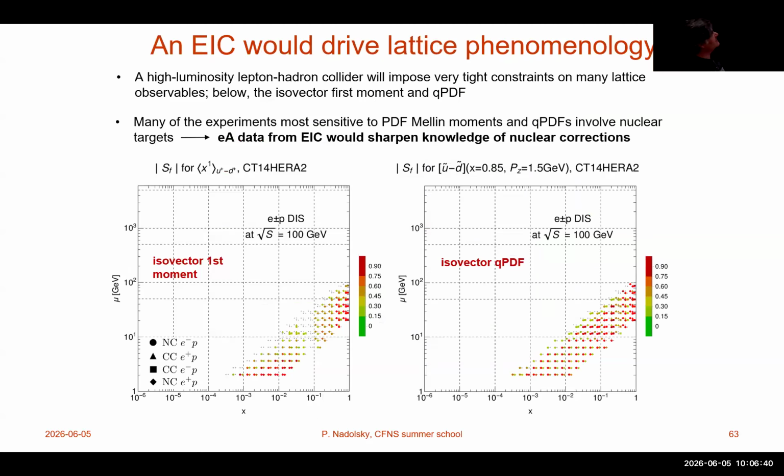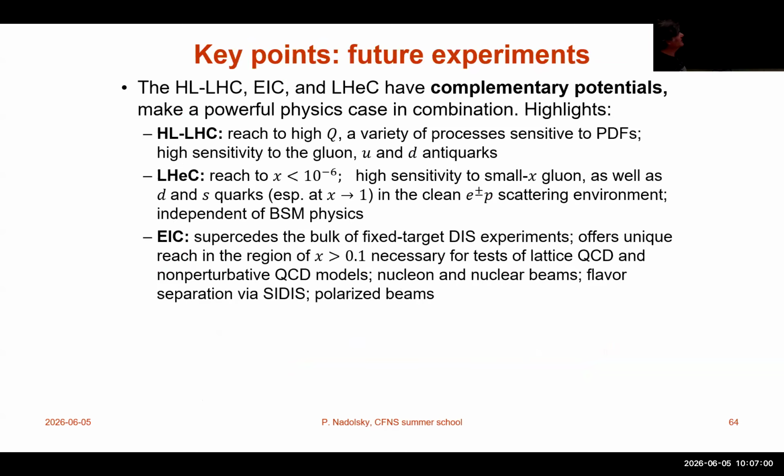So basically what will happen is that the EIC will really drive the comparison of lattice against phenomenological results. And again, I have some plots, and you can even identify specific points in the EIC pseudo-data which will provide very important constraints on lattice QCD.